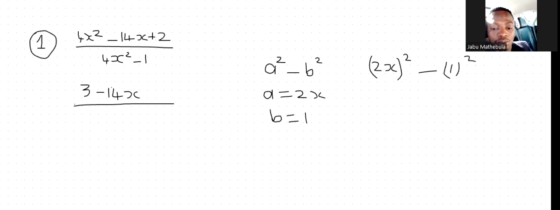So it takes us back here. So this means that we can write 4x squared minus 1 as 2x plus 1 and 2x minus 1.